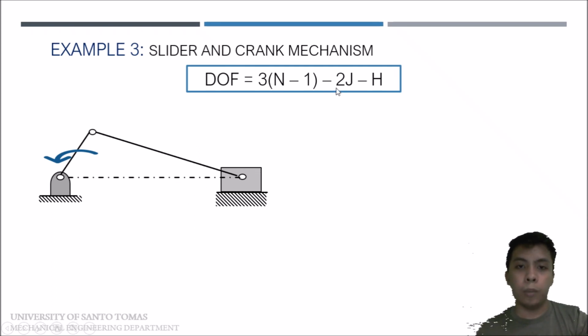Let's count the number of links in the mechanism. We have 4 links in the mechanism. The first link will be the frame. The second link will be the crank. L3 will be the floating link or the connecting link. And L4 will be the sliding link or our slider.